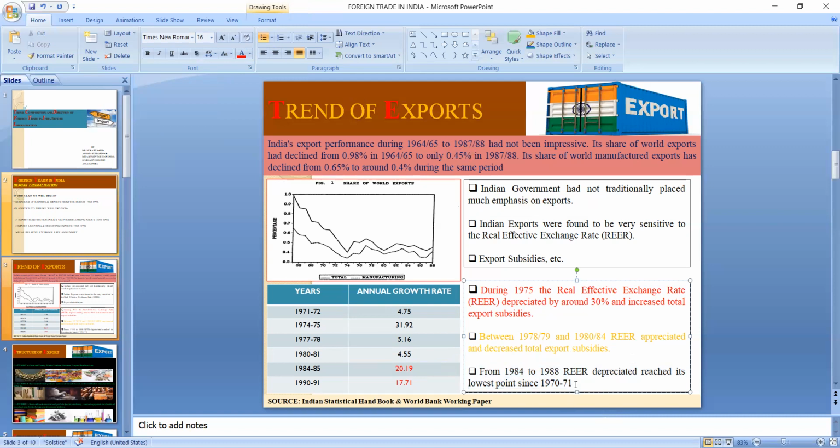So the real effective exchange rate and export subsidies have great influence on the trend and volume of exports. There may be other causes of the declining or improved trend of export over the years, but we are trying to show some of the major causes.